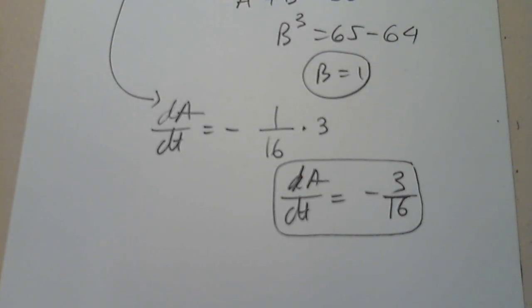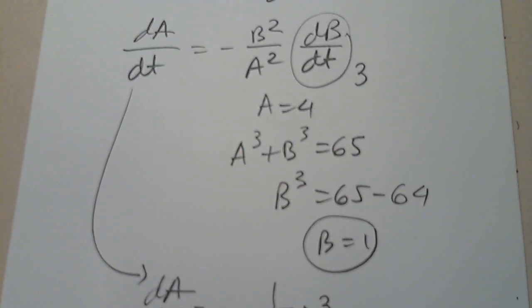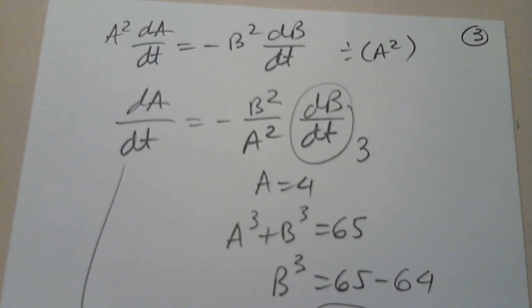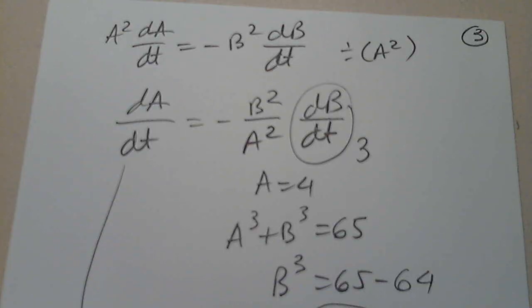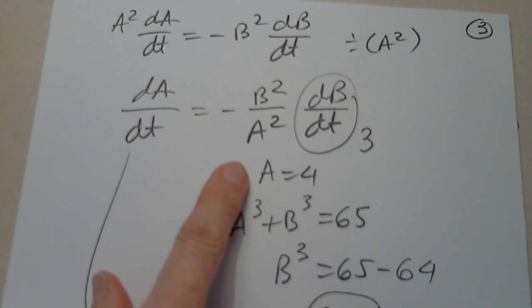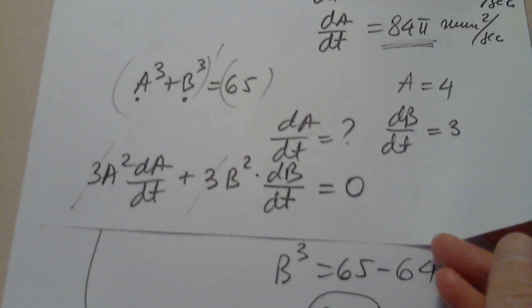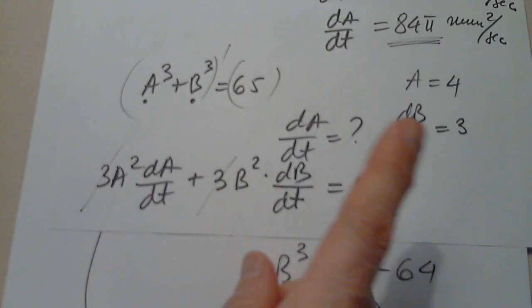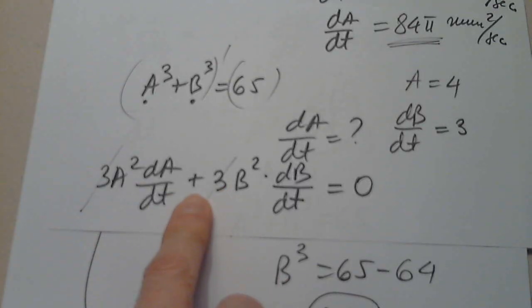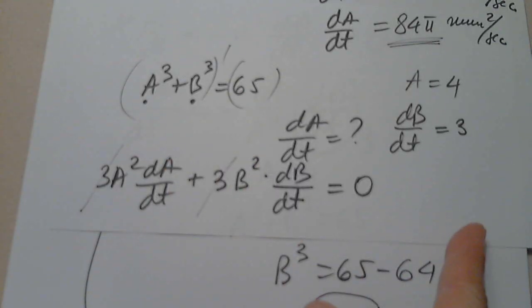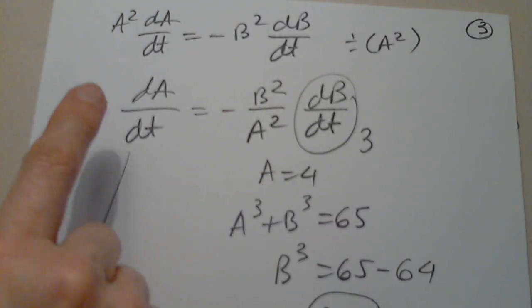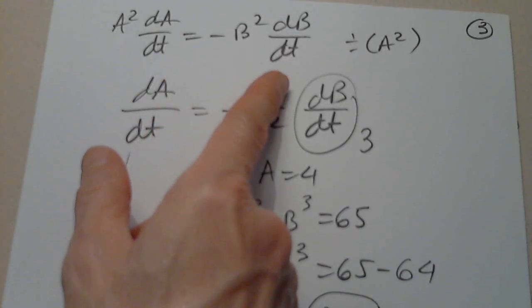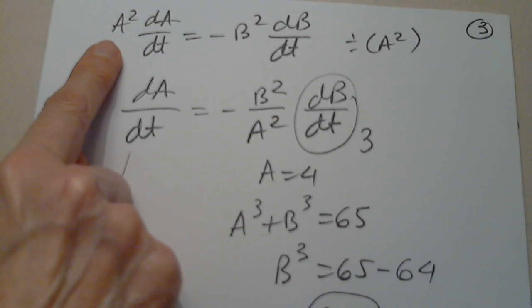I have a question. Please. Does it not make it positive in the end, because they're both negative terms? So I had this, and I had to move this to the other side, and it had positive. So when I move it to the other side, it's negative. So then I have a squared dA over dt equals negative b squared dB over dt, and I'm dividing by a squared.